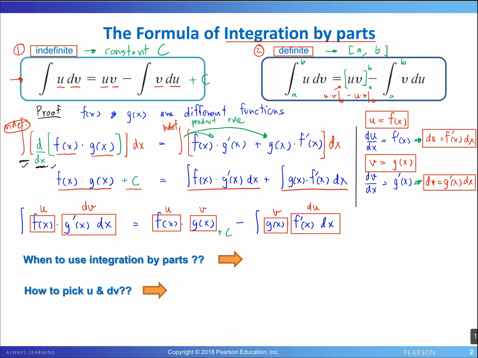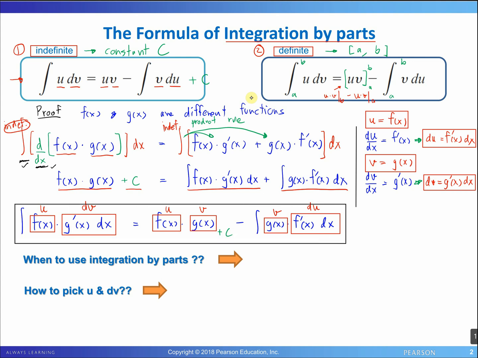Now let's put everything inside this equation together and express it in terms of u and v. And now we have this integral of u dv equal to u times v minus integral of v du.